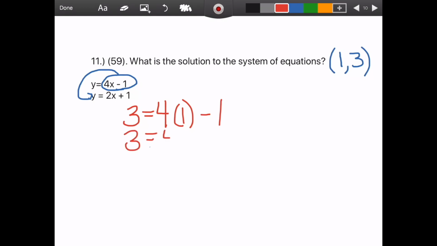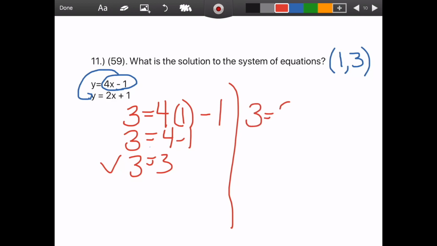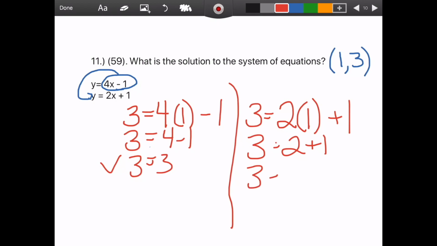So that's 3 equals 4 minus 1, or 3 equals 3. So that worked. Now let's do it with our second one. I have 3 equals 2 times 1 plus 1. So 3 equals 2 plus 1, or 3 equals 3. And again, that worked. So I know this was the correct answer.